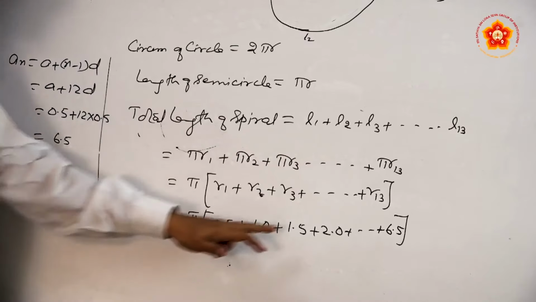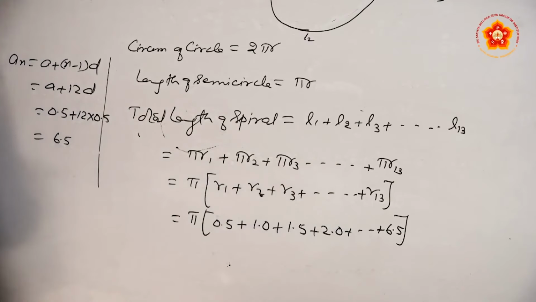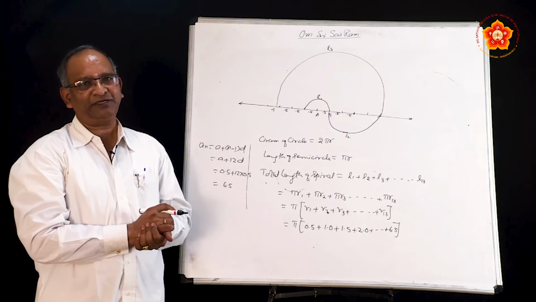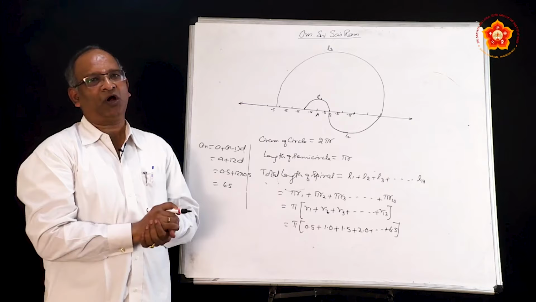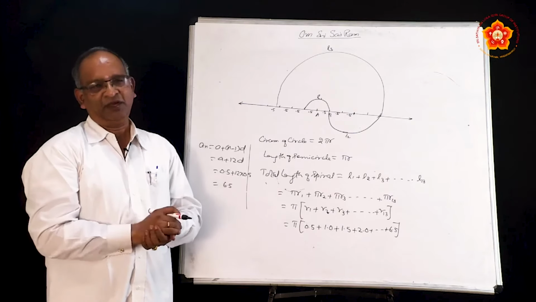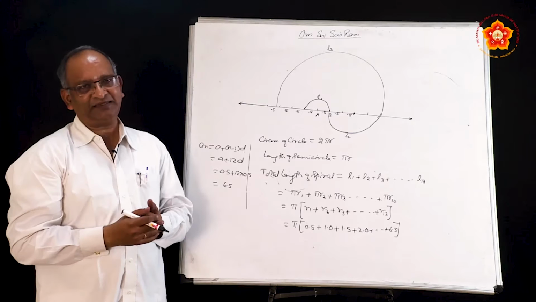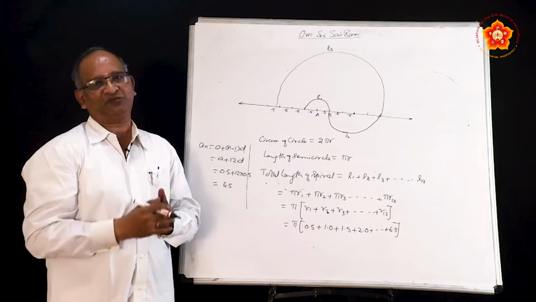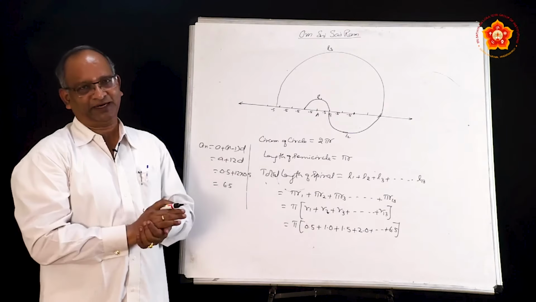You can see that this particular sequence which we got is an arithmetic progression. Why is it an arithmetic progression? Because every term is obtained by adding 0.5 to the previous term. Whenever we obtain a sequence in which each term is obtained by adding a fixed number to the previous one, it is called an arithmetic progression.